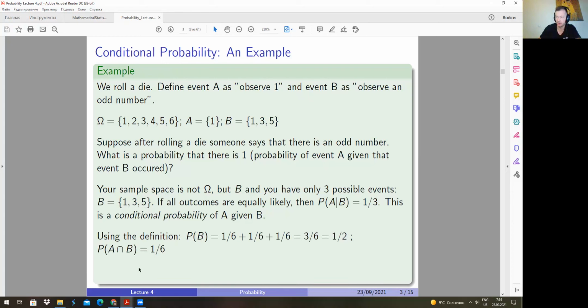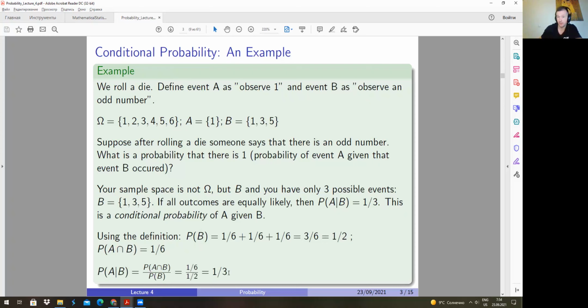A intersection B is 1, and the probability of 1 out of 6 elements is 1/6. This means that events A and B occur together. Now I take the probability of A intersection B and divide it by the probability of B, and I have the same 1/3.